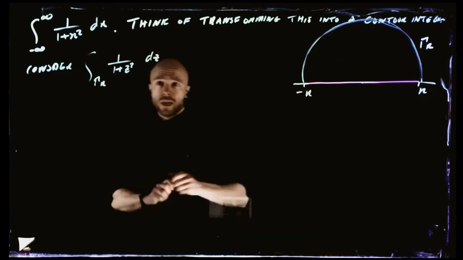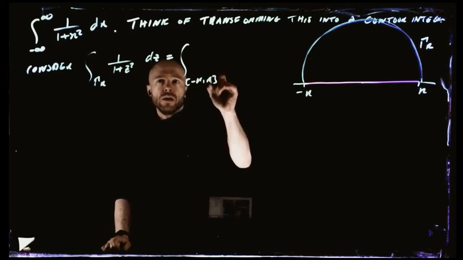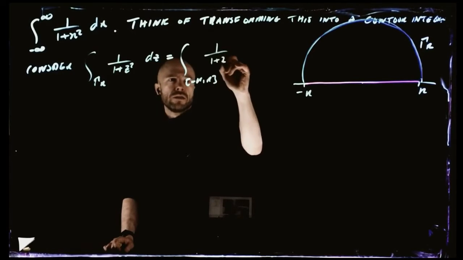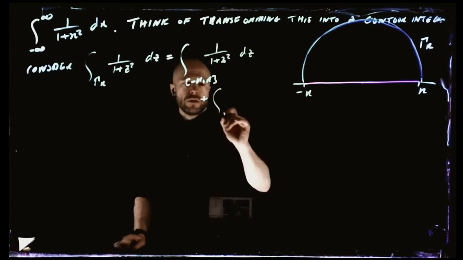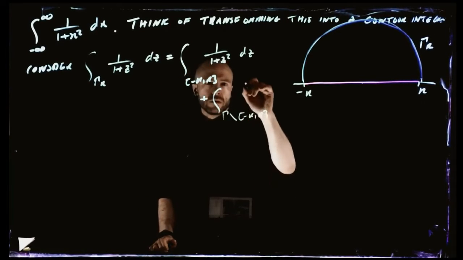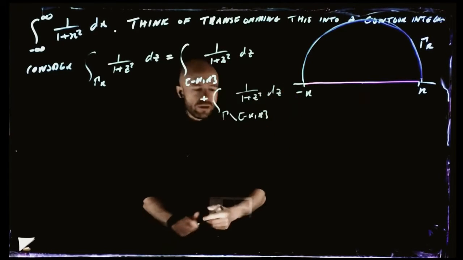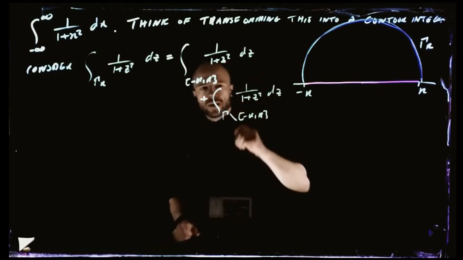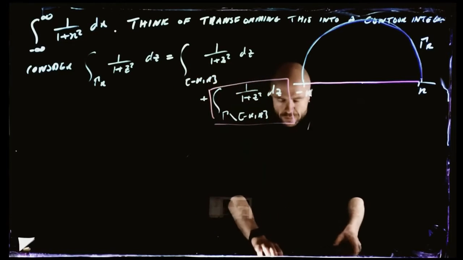So this thing can be broken down into the integral from minus r to r of 1 over 1 plus z squared dz plus the integral of the other part, the contour take away that part. And I claim that thing here we don't have to care about, because as r gets bigger and bigger, this thing will just vanish. Let's see why.